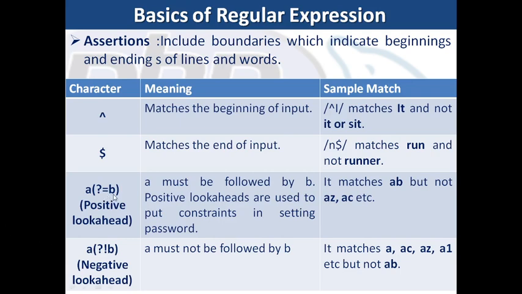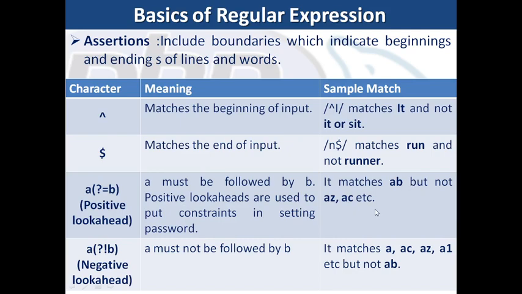Positive lookahead means A must be followed by B, and this is used for setting constraints in passwords, like an uppercase letter is required, a lowercase letter is required, a number is required, a special character is required, or length is required, minimum 8 characters, max 12 characters. Like that we can use positive lookahead. So here it will match AB but not AZ or AC.